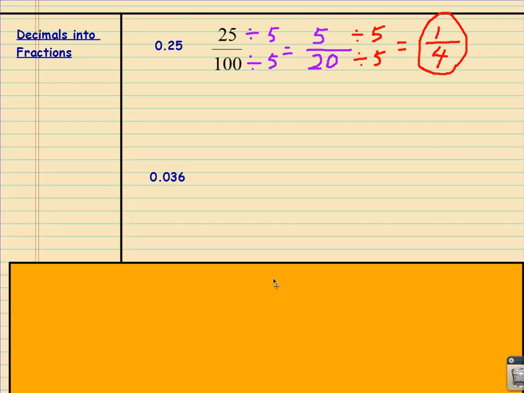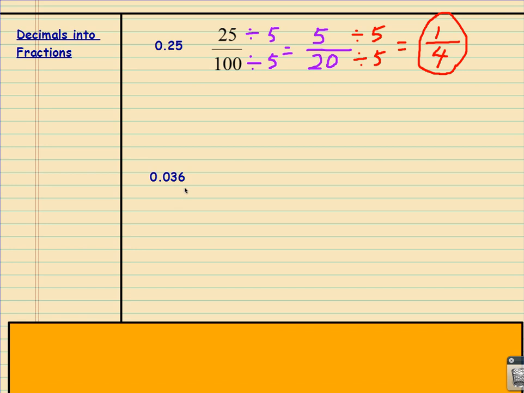Let's look at another example. Right here, let's read this. This is 36 thousandths. So how do we write that as a fraction? We have 36 over 1,000. And again, remember to always simplify this and put this in simplest form.